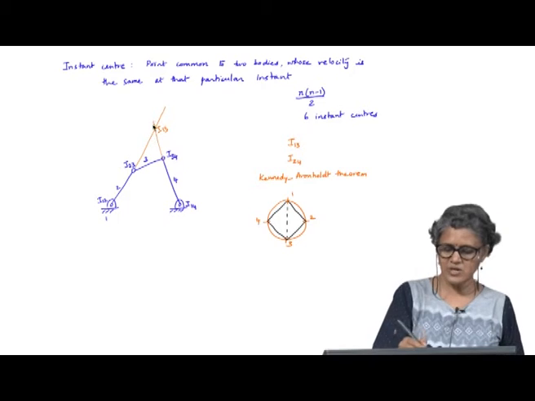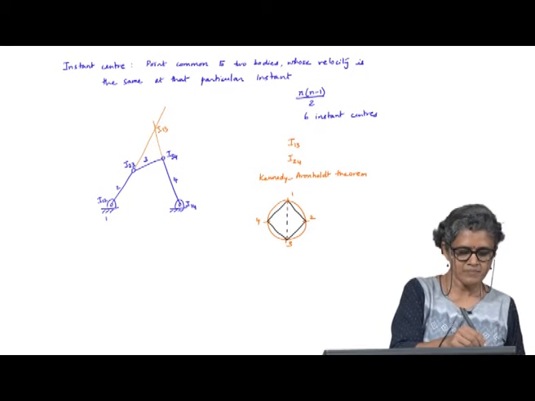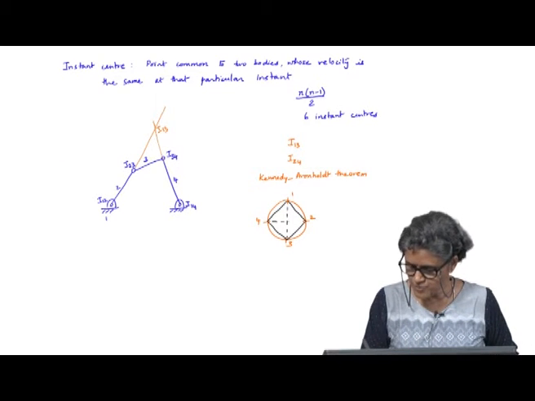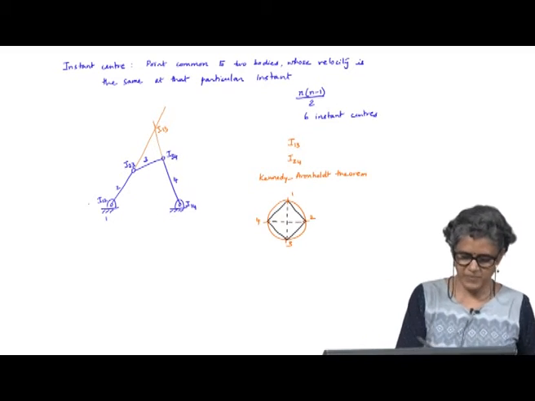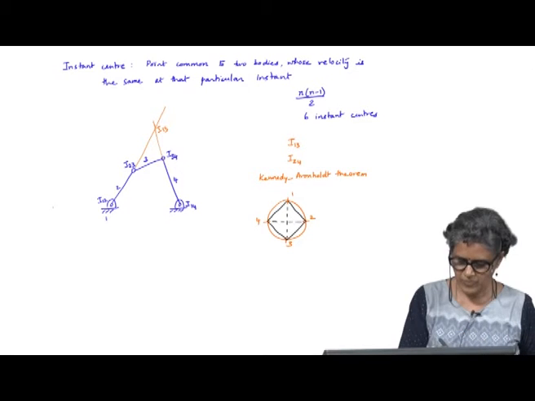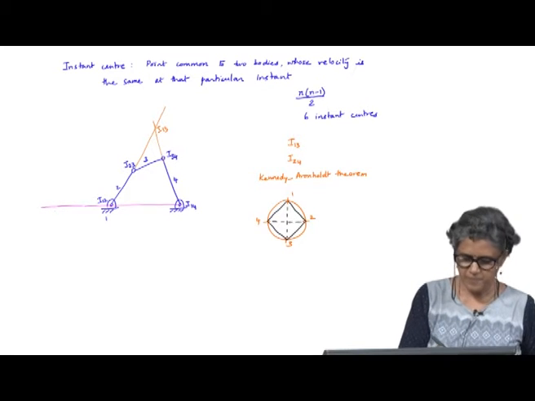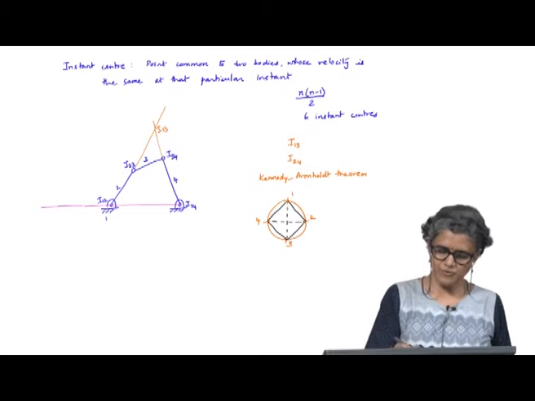Now, let us look at I24. Okay, I have determined I13. The other one that I want is I24. From here I can see it lies on the line I12, I14, and on the line I23, I34.